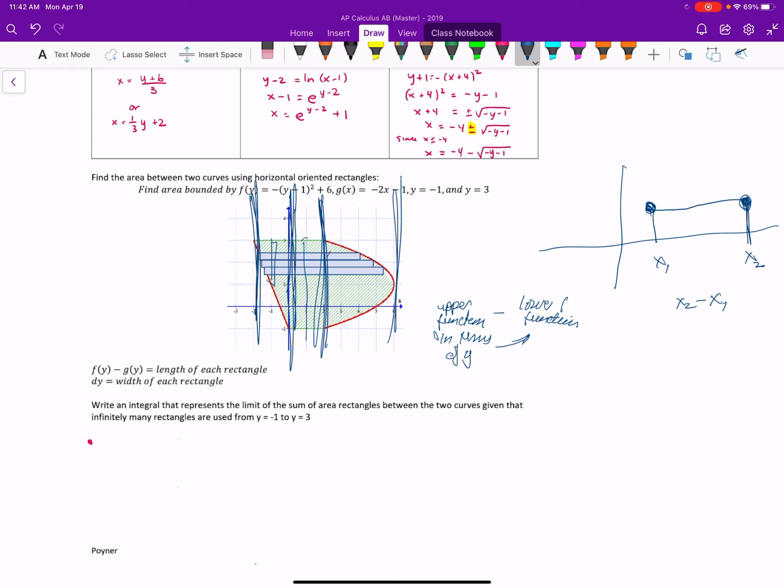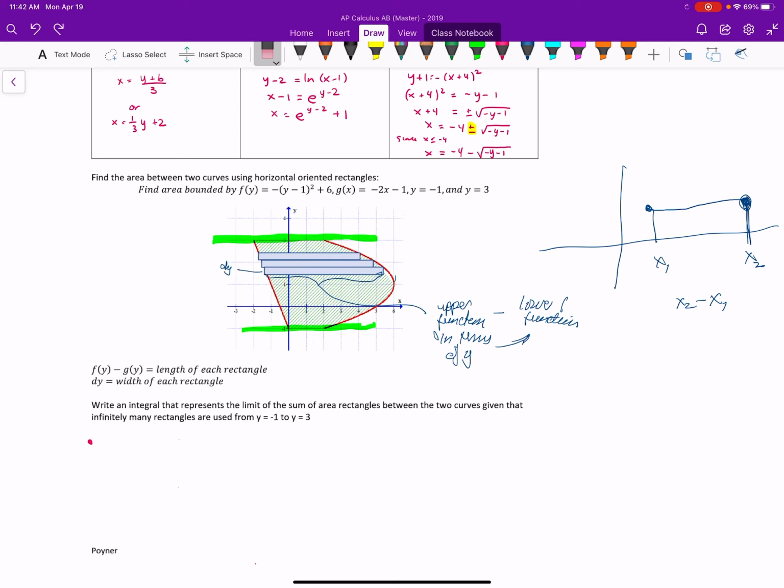And then I would have to figure out, okay, what's the upper minus the lower. It becomes a very complicated problem. So sometimes just doing it in terms of y, like we have here, is much, much easier. So a lot of times it's about what our better choices are here.